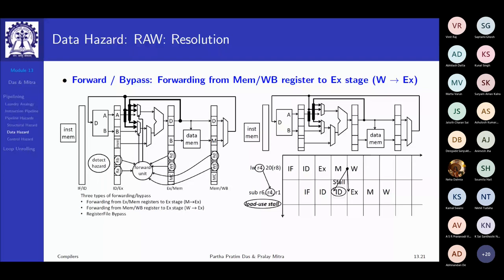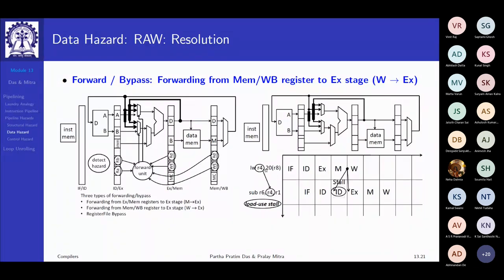The next slide. The other case will happen in a situation where you have a load and a subtract after that. You have a load of 20(R8). You understand, it's an indexed address that we have used.